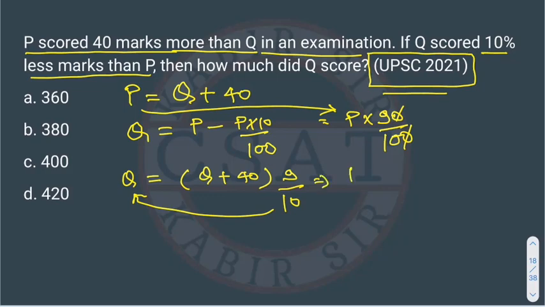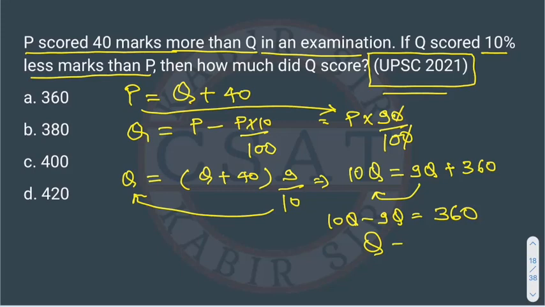So it will become 10Q is equal to, we will multiply, so 9Q plus 360. So this 9Q will come this side and it will get deducted, right. So it will become 10Q minus 9Q is equal to 360. So Q is 360.